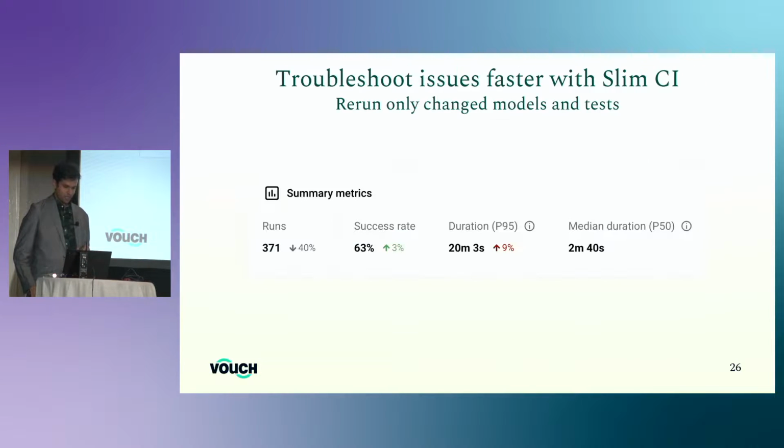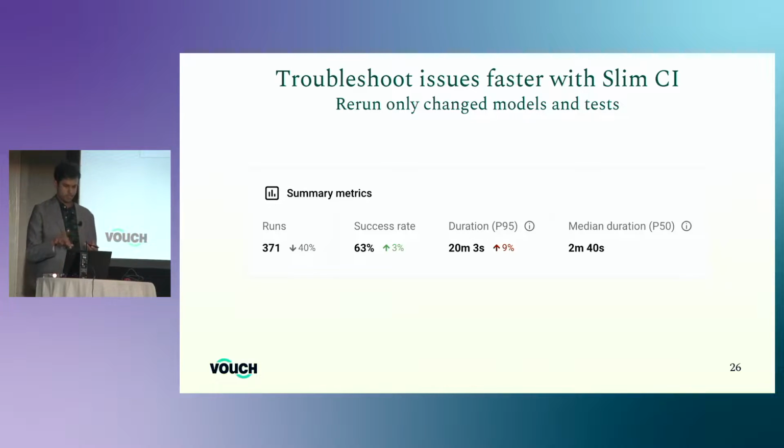And then the other thing we use a lot is Slim CI, which is basically rerunning only the models that have changed in CI. These are metrics for the past 12 months from CircleCI. We've done 371 builds, so about 12 a day, and a 63% success rate.